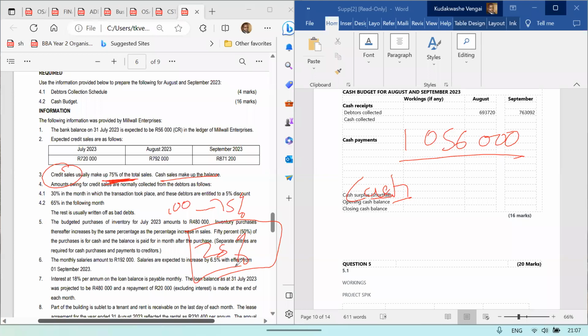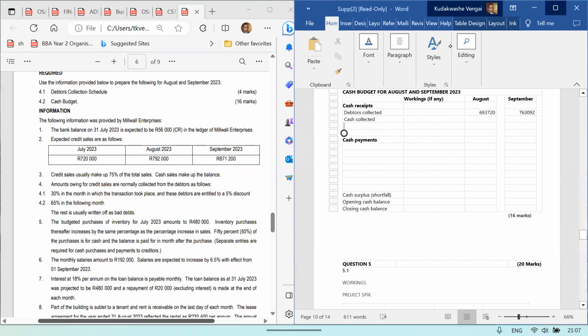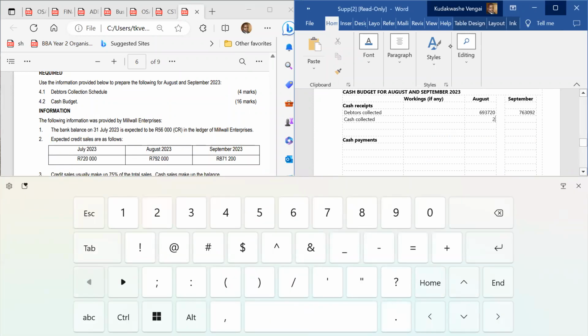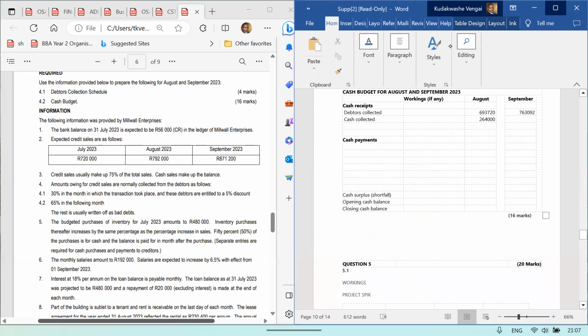Yes. So we multiply our total sales by 25%, and we get our answer, 264,000. So that's how we got the answer for the cash collected.